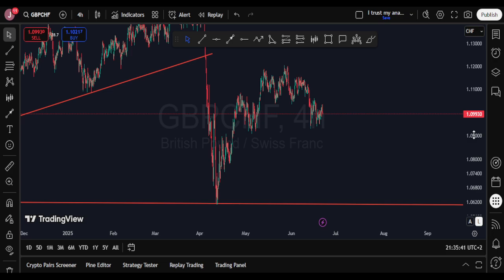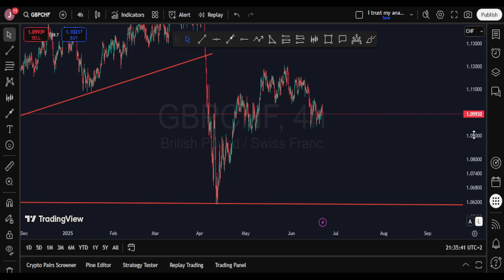So according to the nature's theory, we know the probability that this is going to continue again to the upside. There's a high possibility that this might continue again to the upside. See, impulse and then correction and then another impulse.